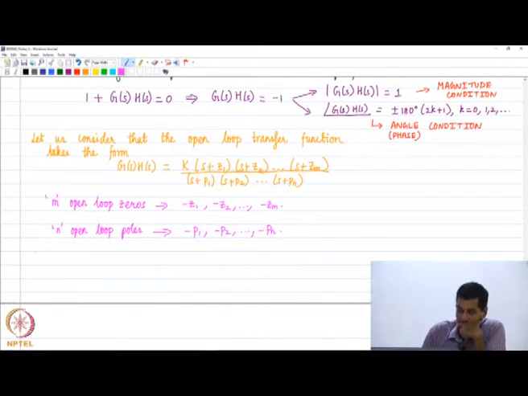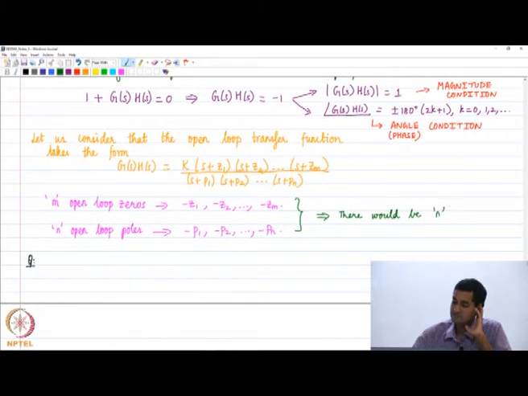Now what is the question we are going to ask ourselves? Before that, this essentially implies that you can immediately see that there would be n closed loop poles. Why?